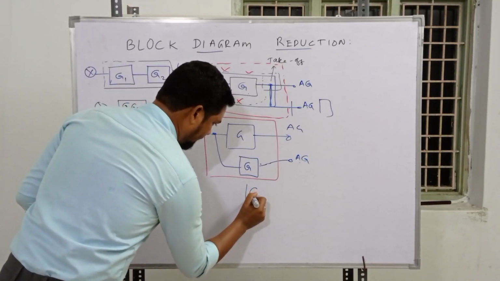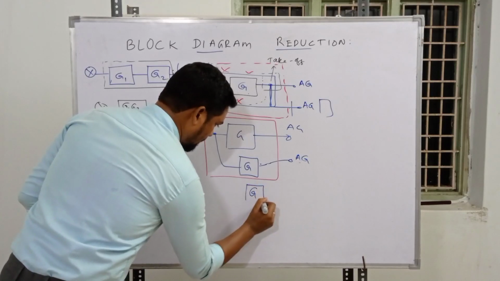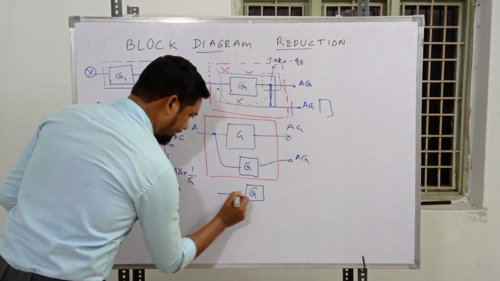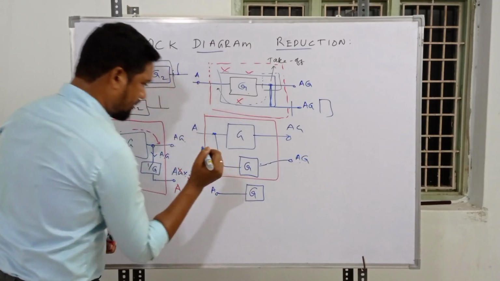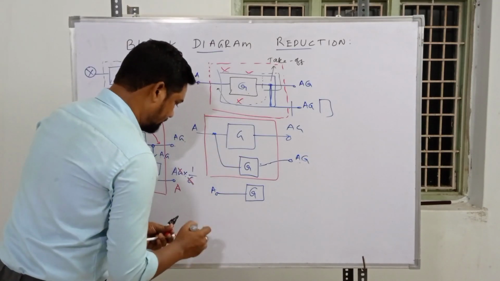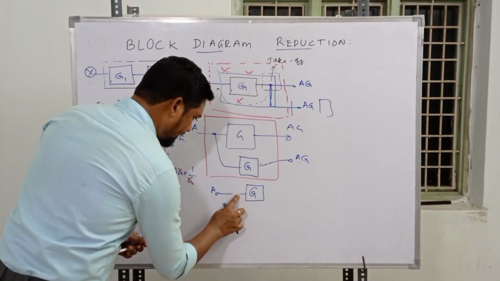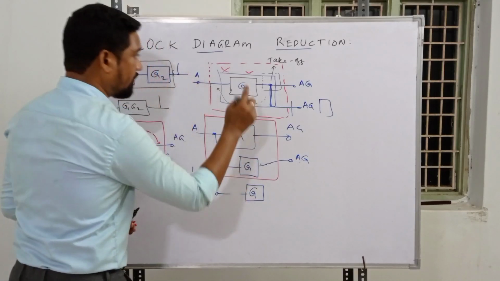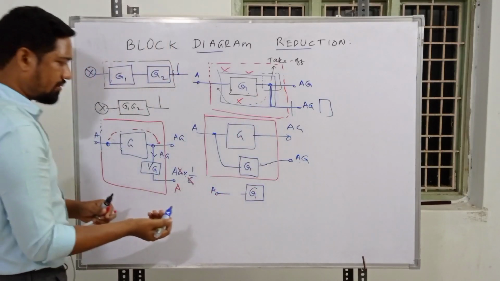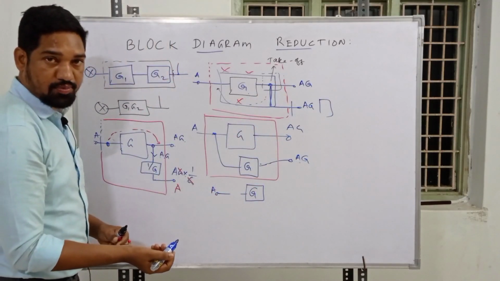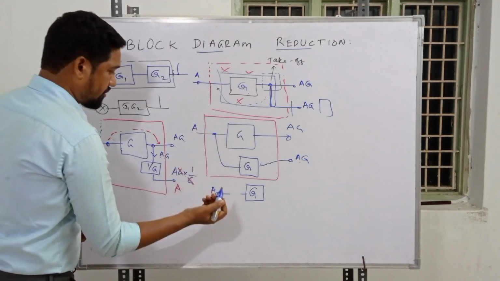The same G again, and A again. Guys, now this time we have another component. Remember this one, this is a takeoff point. This node, more technically in control systems, they call it a takeoff point.